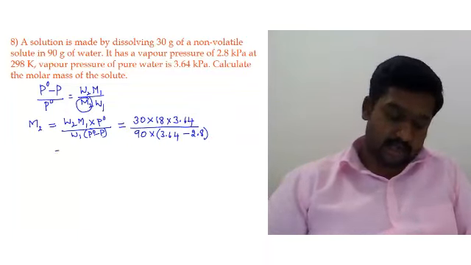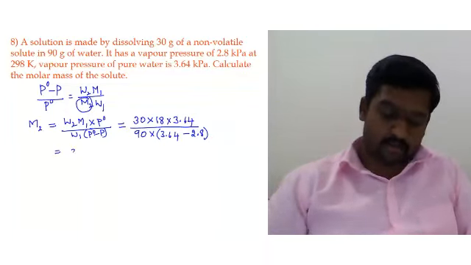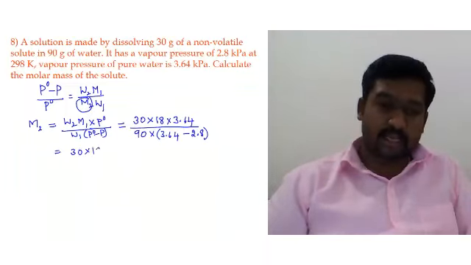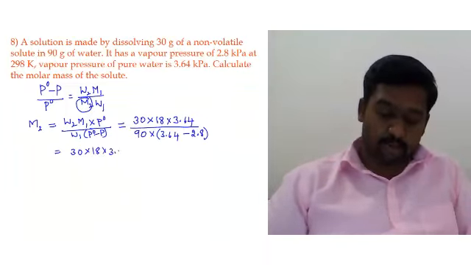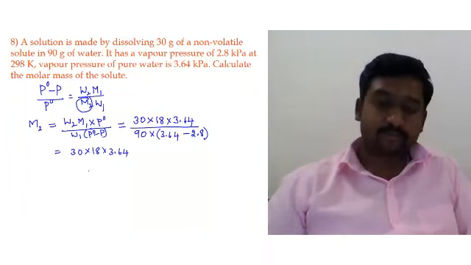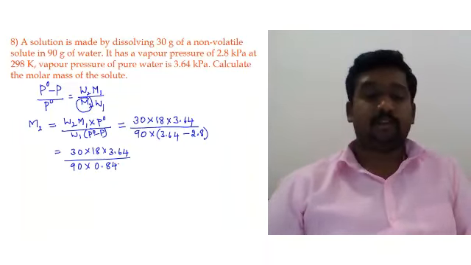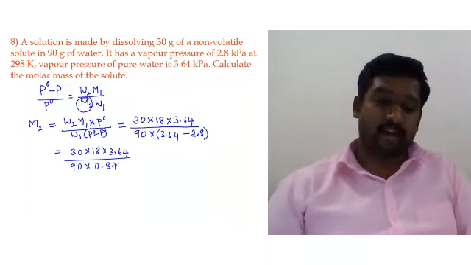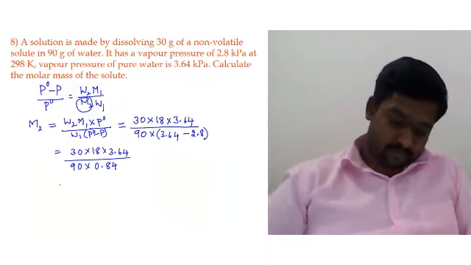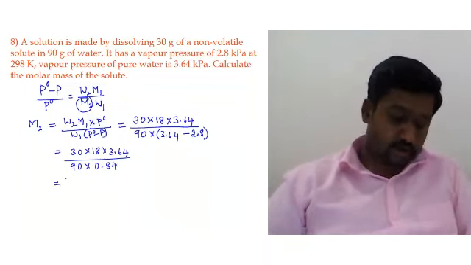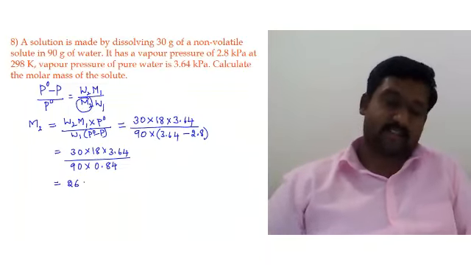Okay, let us reduce this expression. We get 30 into 18 into 3.64 divided by 90 into 0.84. So this will be the simplified equation. Now the final answer on all calculations we get is 26.